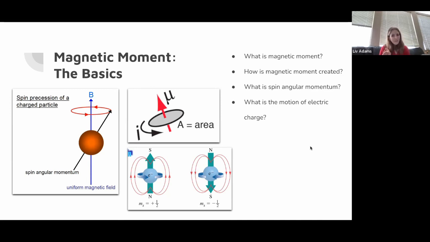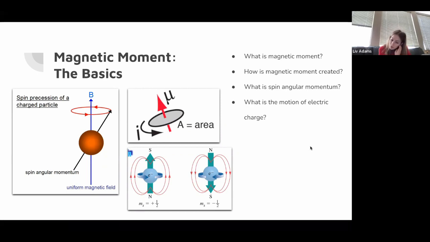Breaking it down even further, what is spin angular momentum? Spin angular momentum is based on an object's internal motion and is represented by our favorite, h/2π, which we see a lot throughout our calculations.